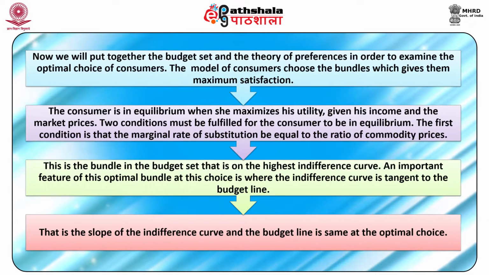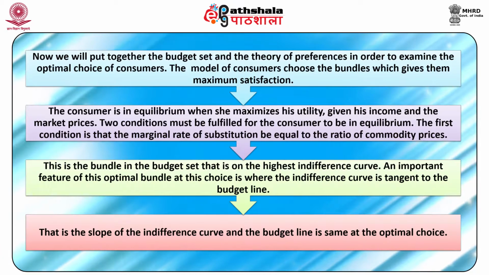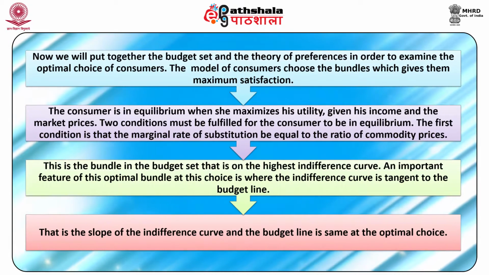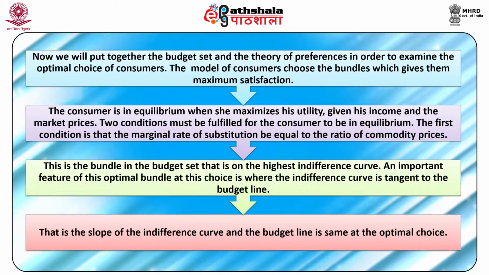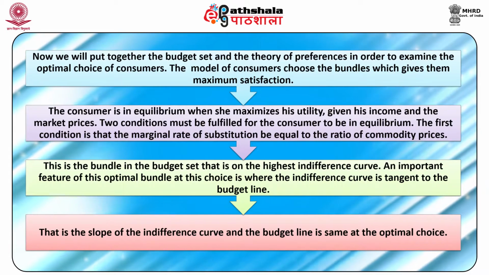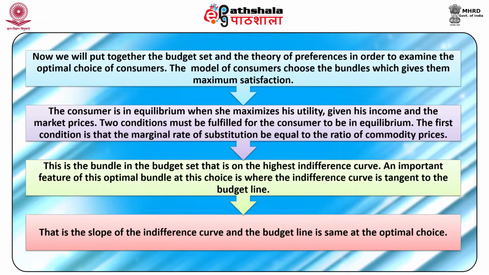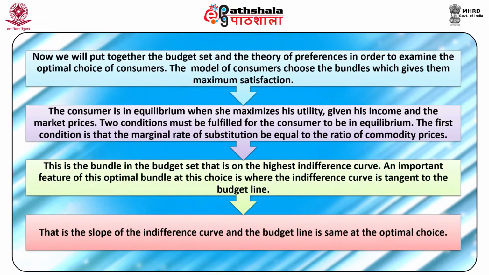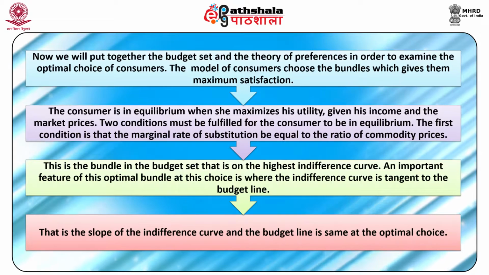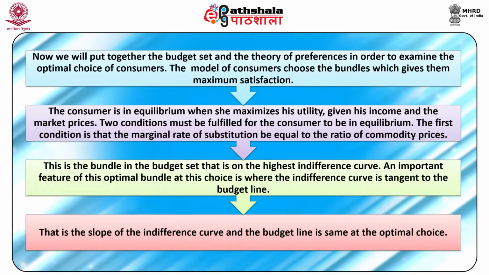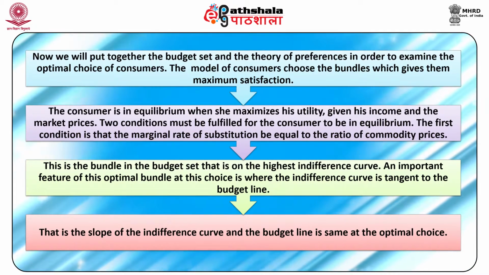This happens at a particular bundle where the budget constraint is tangential to the highest possible indifference curve. An important feature of this optimal bundle is that the choice is where the indifference curve is tangential, and hence it is an equation between the slope of both the indifference curve and the budget line.